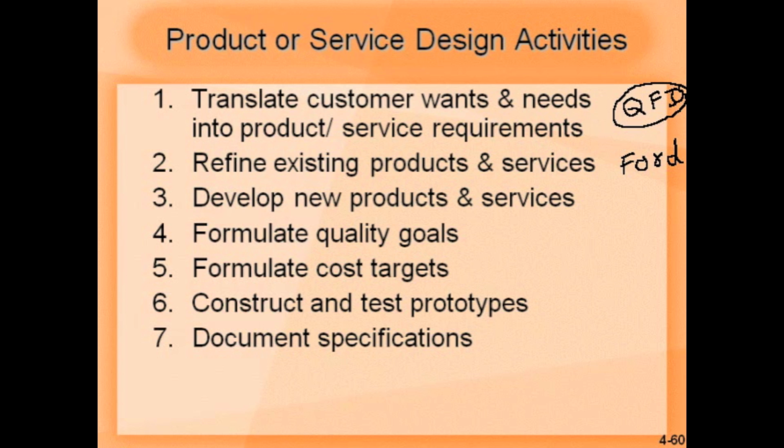If you compare 2012 versus 2011 model year vehicles, there will be slight improvements, which they make based on customer complaints or warranty claims or customer feedback. Or it could be some changes in technology. So from time to time, such improvements are made. So that's what refining existing products and services is.